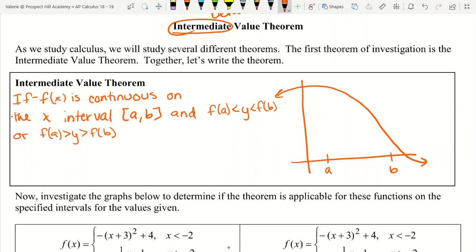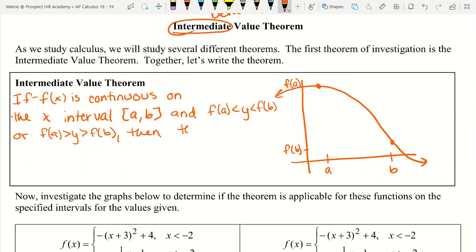So basically what the set is saying is f of a would be this y value, f of b would be this y value, so we have y values in between f of a and f of b. Or for example, if this was an increasing graph, f of a would be down at the bottom, f of b would be up at the top.